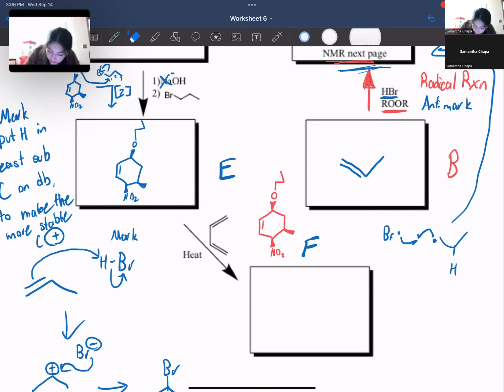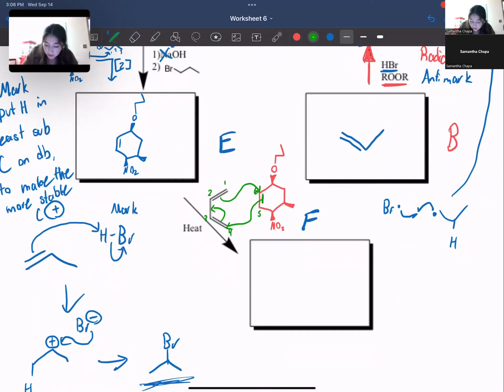Just do your mechanism and number your carbons, and it shouldn't be too bad. So 1, 2, 3, 4, 5, 6. This double bond is going to break and form a bond to carbon number 6. This double bond is going to break, form a bond to number 4. This double bond is going to resonate between 2 and 3.